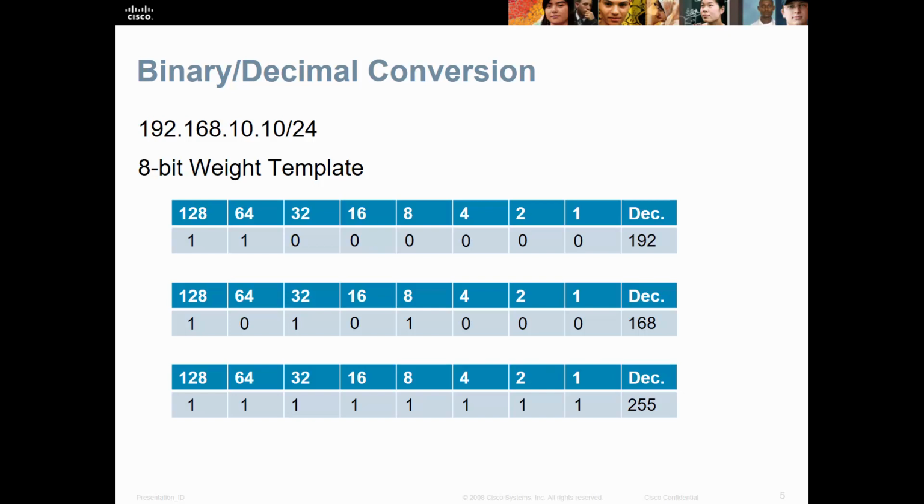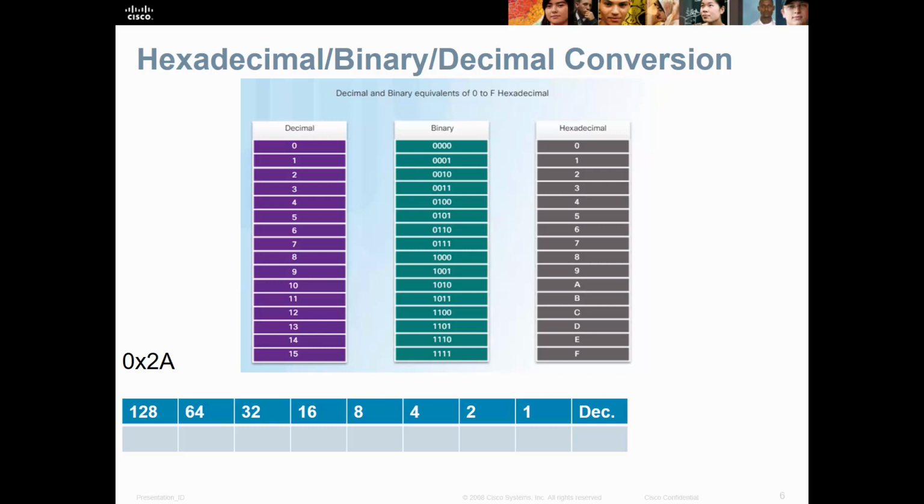Now, in some cases, with certain numbers that we use, certain addressing, like IPv6 addressing, we'll find out that the decimal number system is not practical to use. Another number system that will come up frequently in some addresses is the hexadecimal number system.